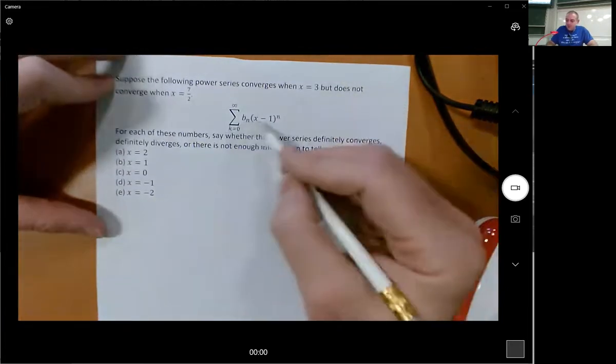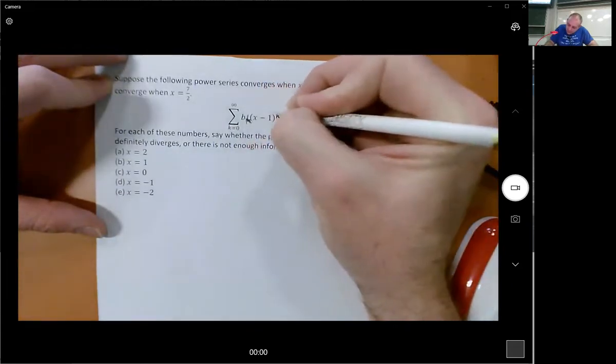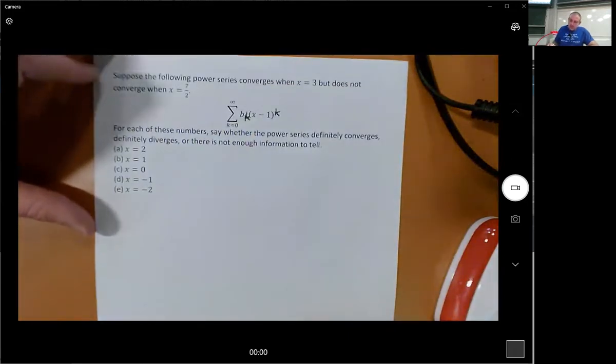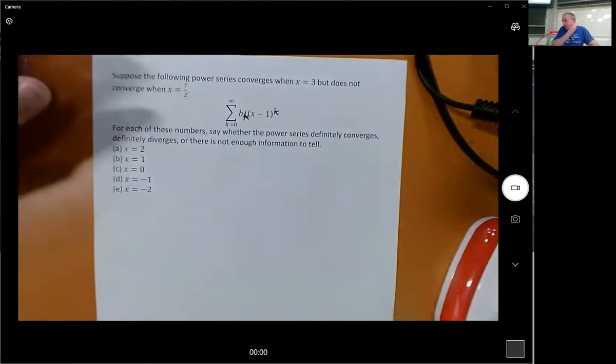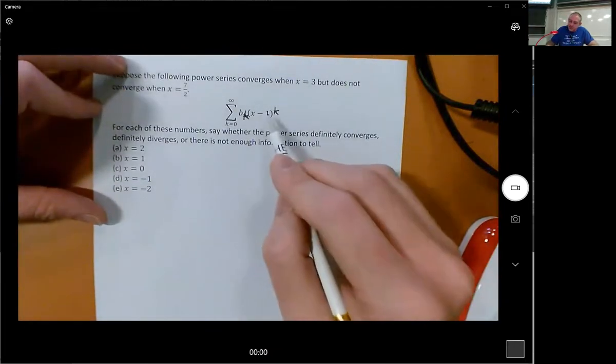Oh, I think those letters are supposed to actually match. I'm going to change this to a k and presume that that's what we meant. Okay. All right, so b_k is like some sort of number. So it's a power series in x minus 1 to the k. So the center is at 1.